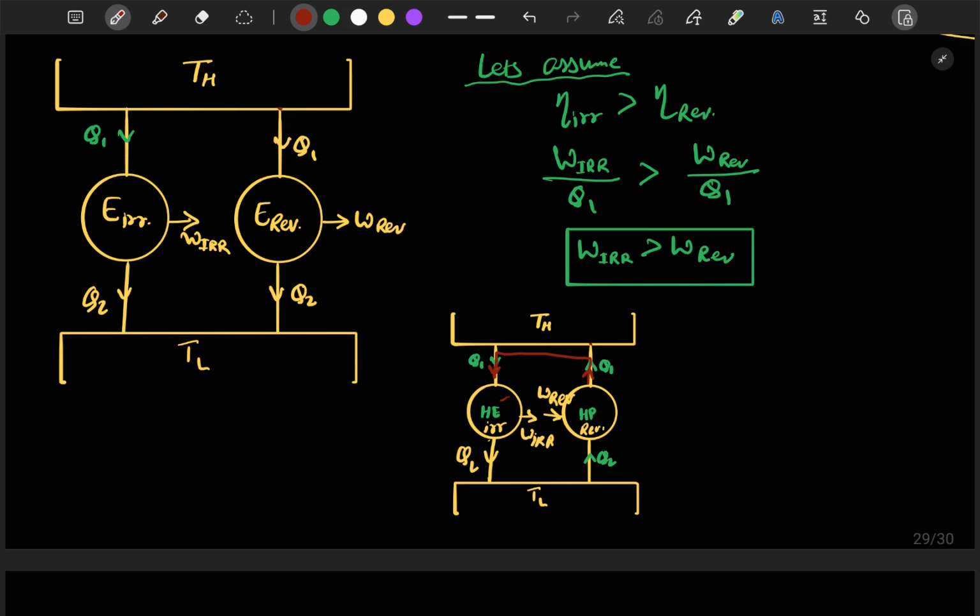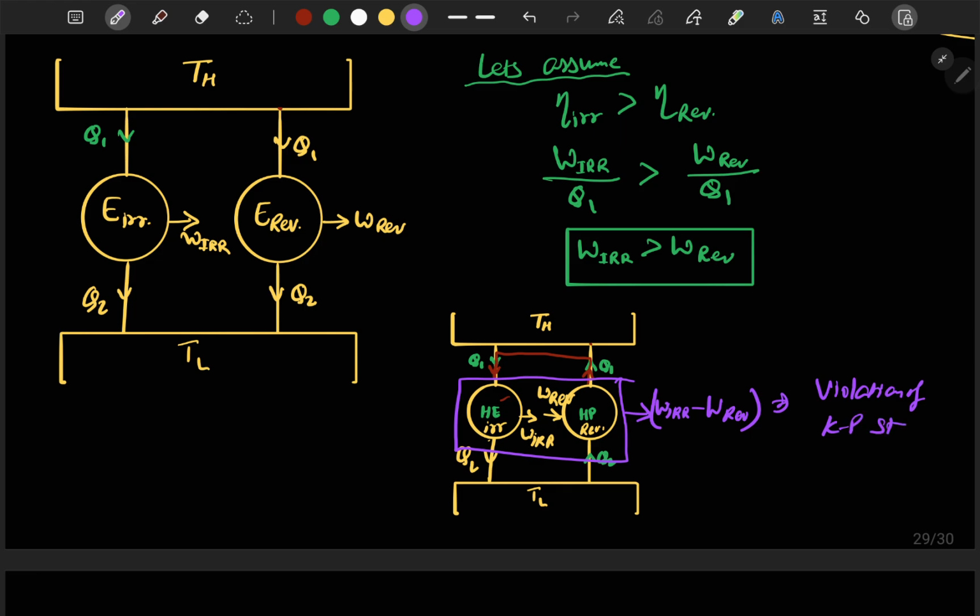Effectively this whole system will also produce work equal to work done irreversible minus work done reversible. So this will be a violation of the Kelvin Planck statement.